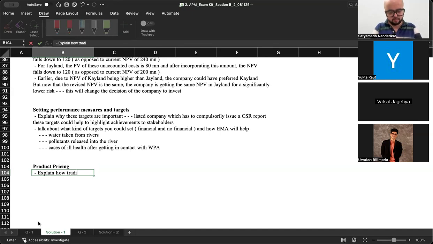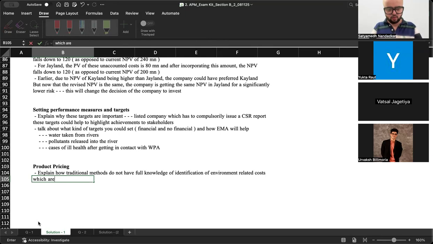Product pricing. Explain how traditional methods do not have full knowledge of identification of product costs, identification of environment related costs, which are being incurred due to product manufacturing.